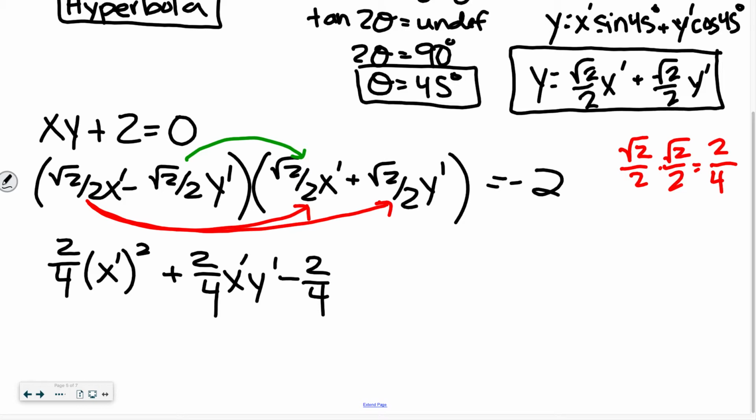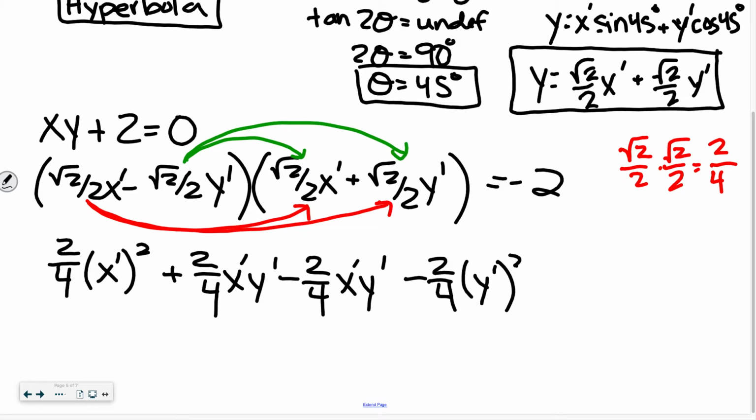And then I got y prime times x prime, which I always like my things to be alphabetical, so I'm going to switch that around, x prime, y prime. And I got one more to go. This is a negative times a positive, so it's another negative 2/4. And this one is y prime squared. Okay, any questions or concerns about me foiling all that stuff out?